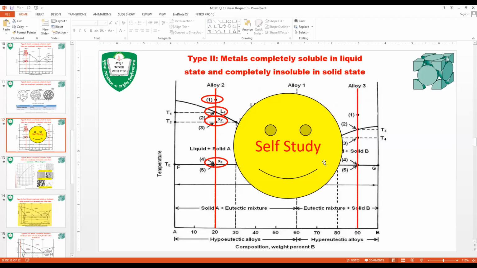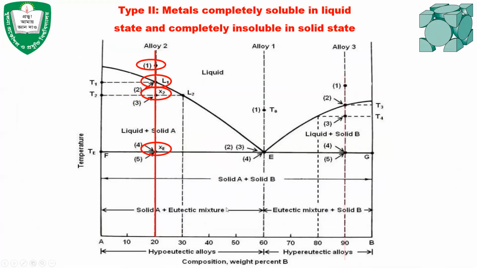And what is the self-study? You have to submit an assignment in the next class, that means on Monday. The assignment will be about the solidification of alloy 3: how the solidification occurs in the case of alloy 3, and how the microstructure evolution occurs.